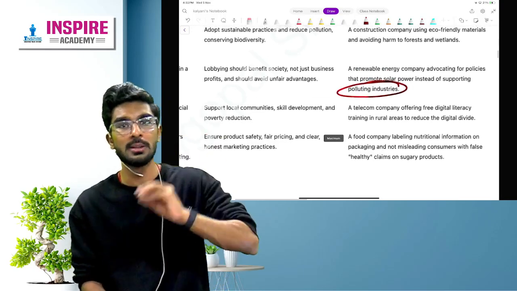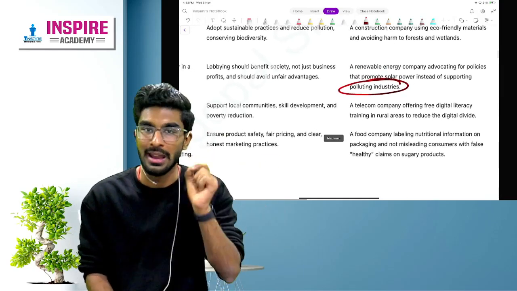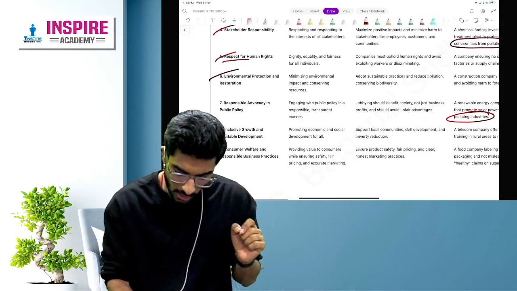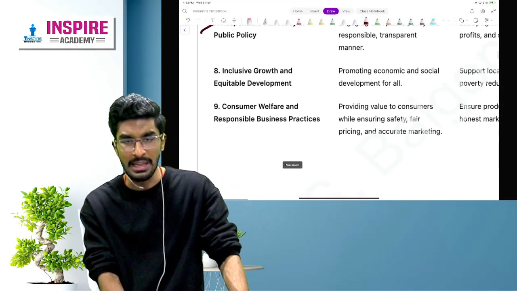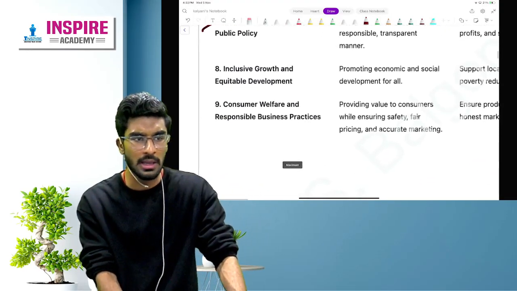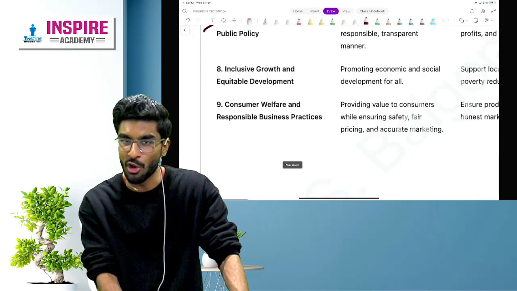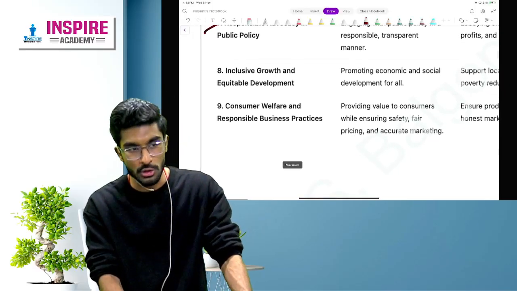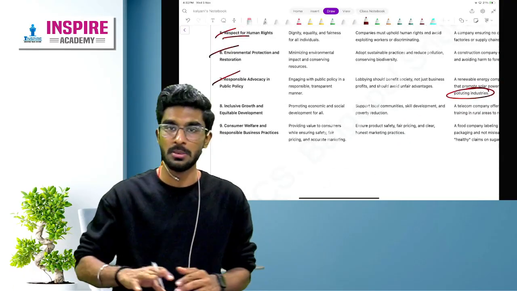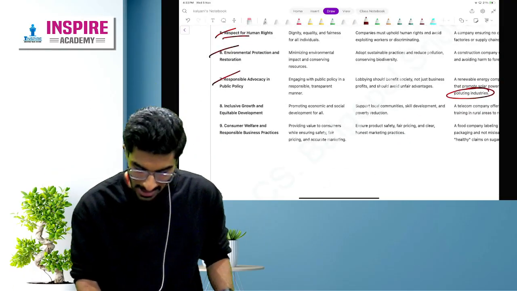You should always encourage renewable energy sectors. Yes or no, people? And last is inclusive growth and equitable development. It should not be a case where you are completely a male chauvinist, only hiring men. It is not allowed. You should also hire as many people as possible from diverse backgrounds.